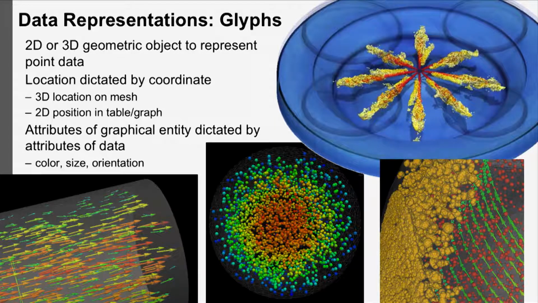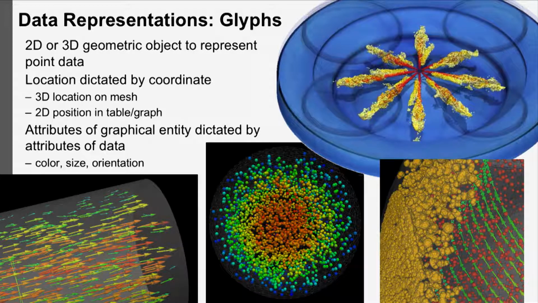Glyphs are basically 2D or 3D geometric objects that represent point data, right? So the location is dictated by the coordinate of the particle or the data point, so its location in 3D on a mesh, or position in a graph or table, for example, if you're looking at 2D data. And then you assign different graphical attributes based on other attributes of the data, for example color, size and orientation.